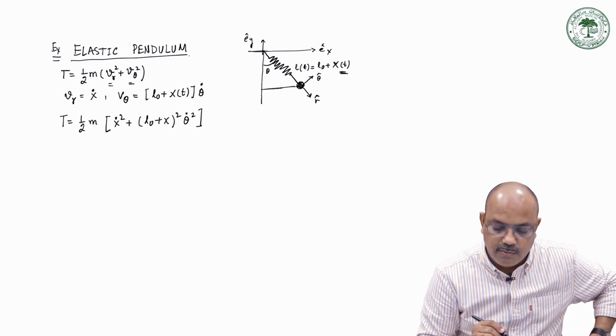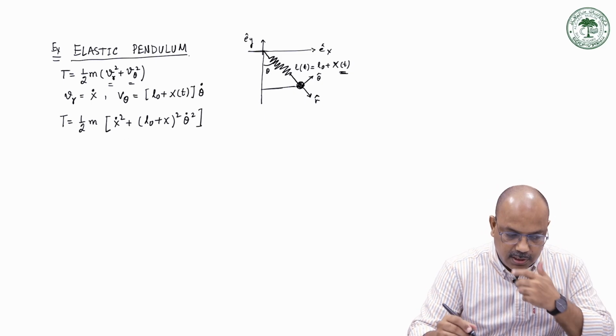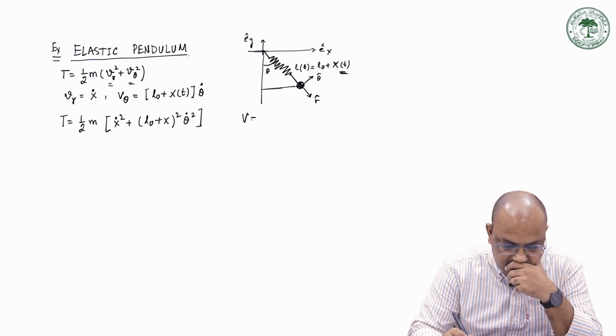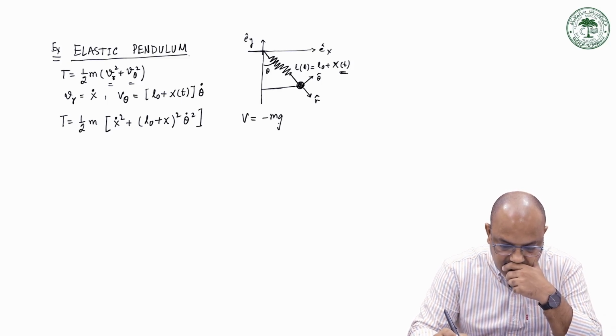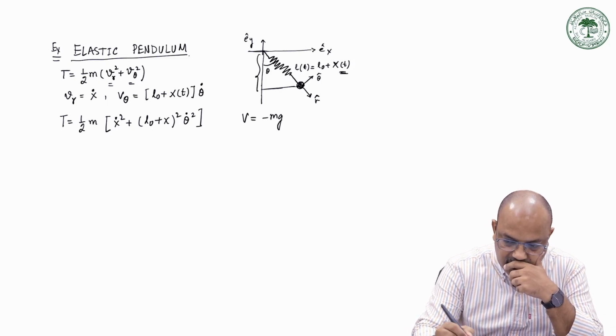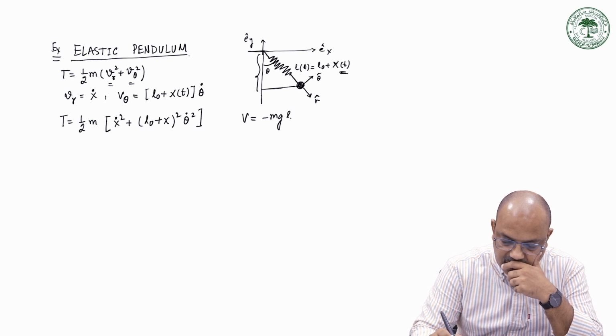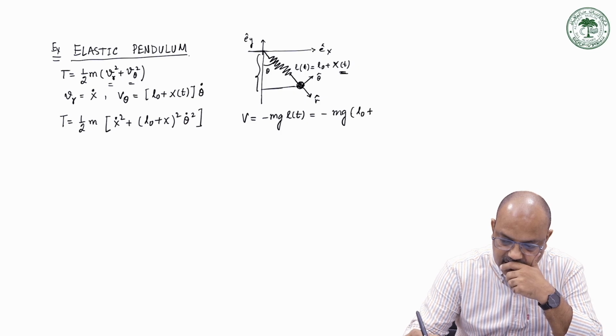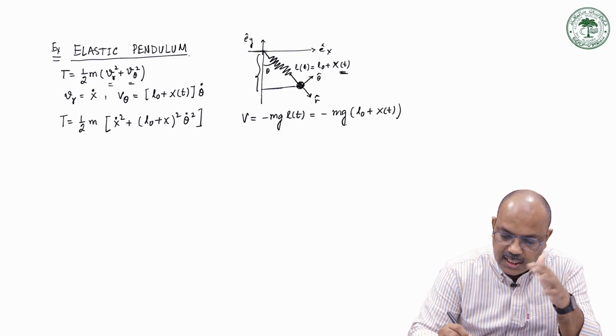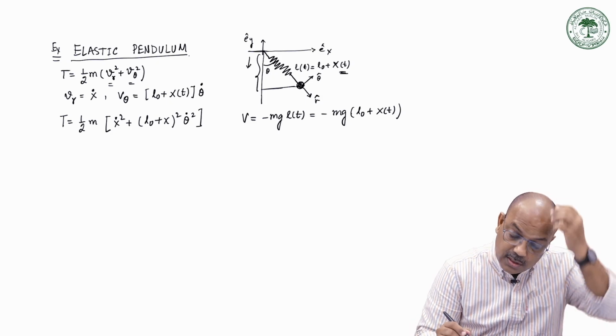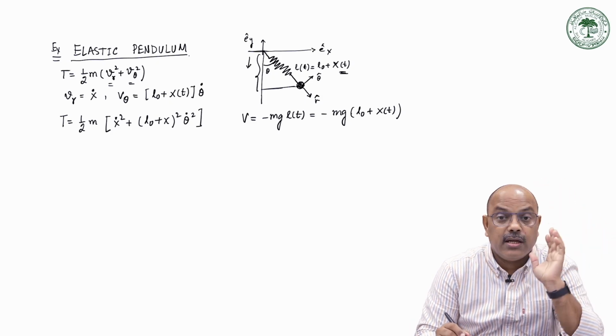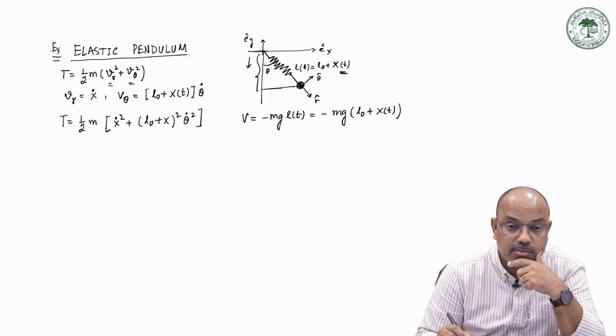Okay, and then what about the potential energy? Potential energy V is minus mg times this length, so this is going to be LT, or you can write it as minus mg (L naught plus x) cos theta, because I'm going down. So now I have the kinetic energy as well as the potential energy.